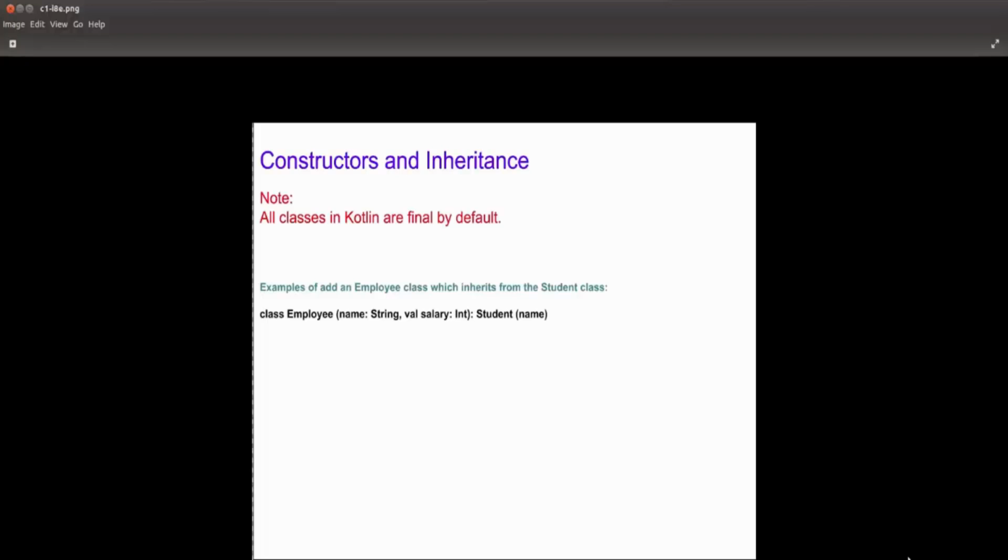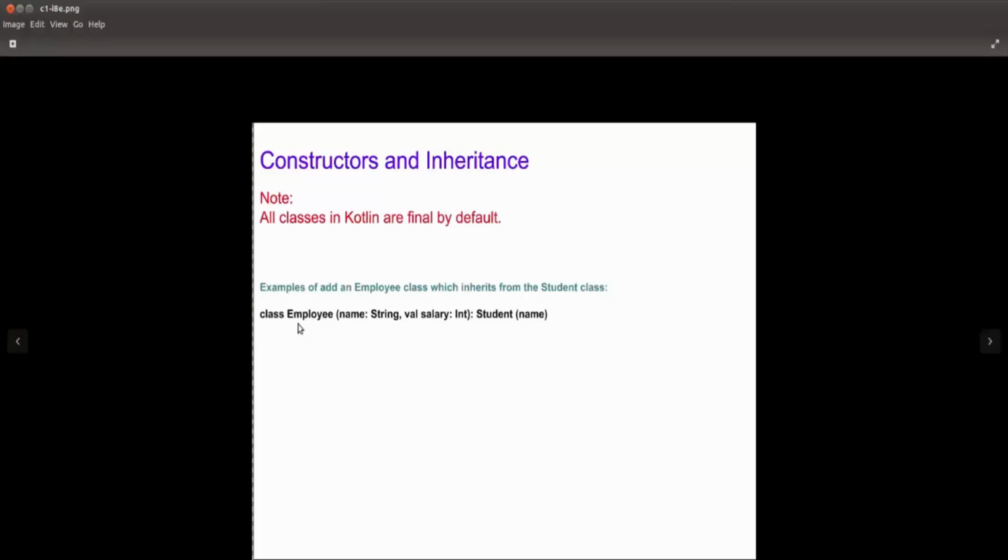Okay, now let's check constructors and inheritance. If you see, guys, I notice here all classes in Kotlin are final by default. Okay, and here we have an example of an Employee class which inherits from the Student class, like the following.